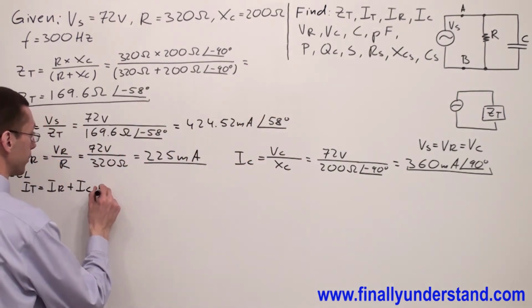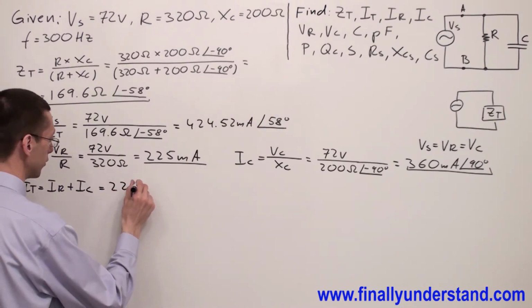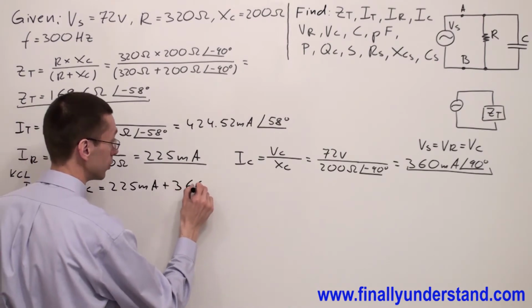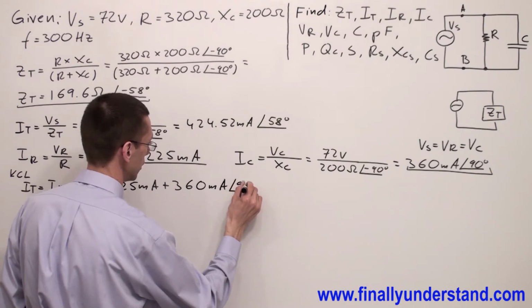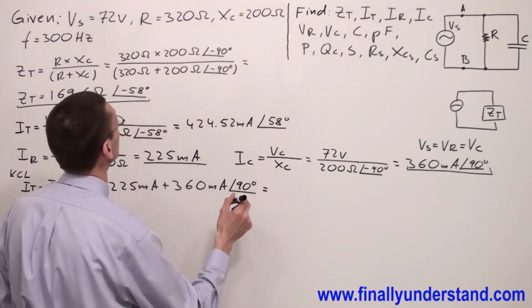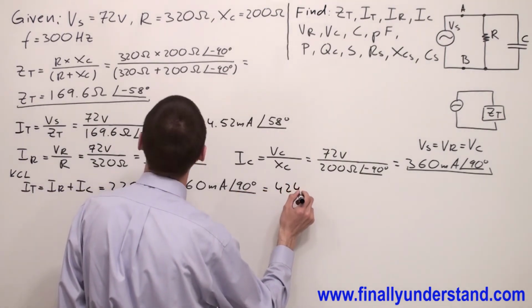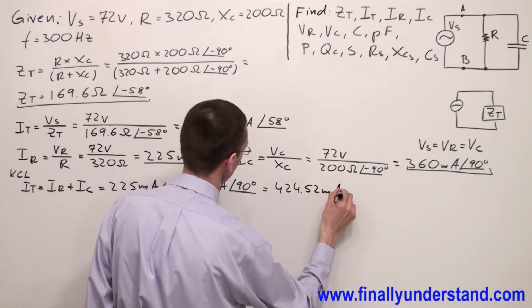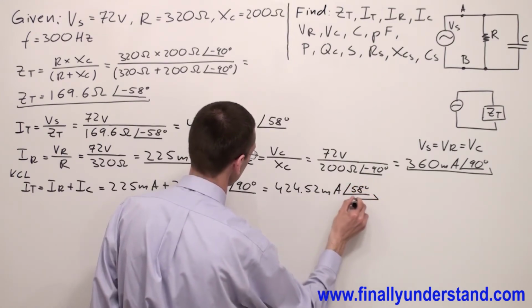So I have IR 225 milliamps plus 360 milliamps, an angle of 90 degrees, is equal to 424.52 milliamps, an angle of 58 degrees.